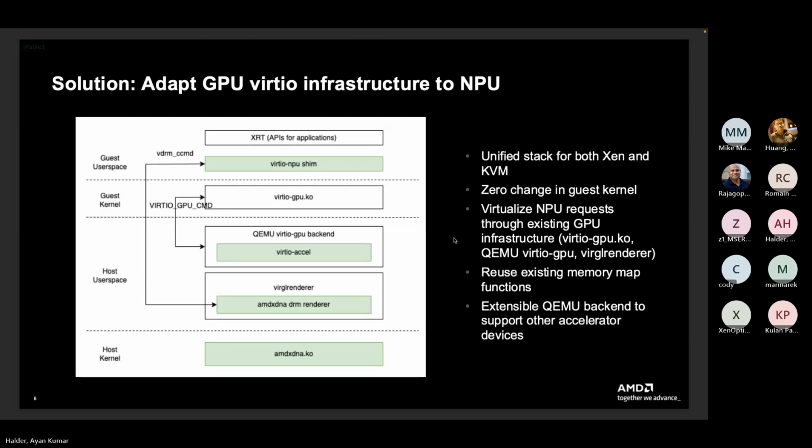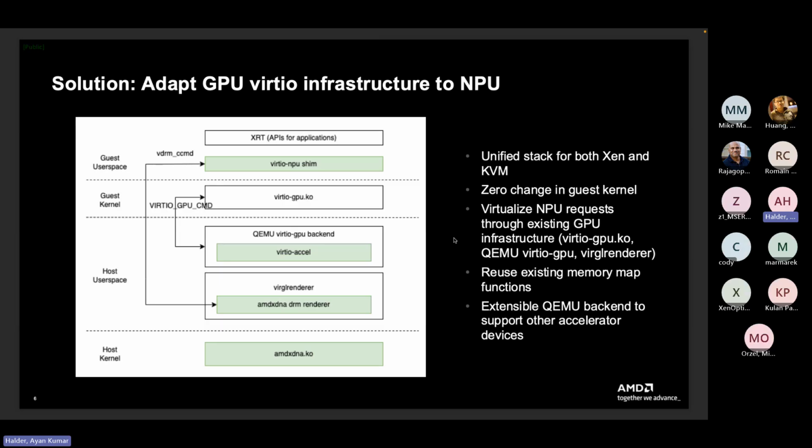So this is our solution. In the previous slides, I talked about the execution flow for the NPU. That's really like how the GPU is supported. So based on that flow, we consider adapting this GPU VirtIO infrastructure for our NPU support.